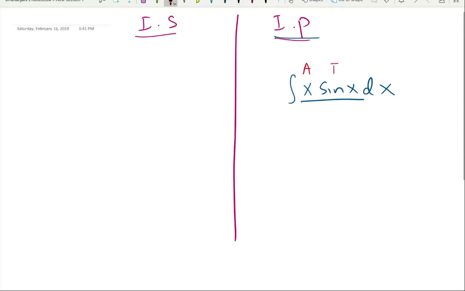Remember, when we use integration by parts, we use the LIATE rule for most of the problems. The idea behind the LIATE rule is that you have two different types of functions as a product, and you use that rule to decide.